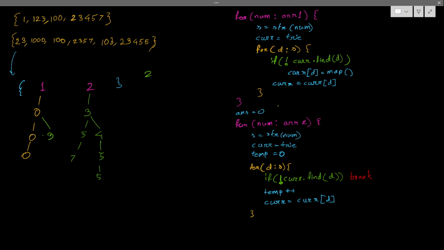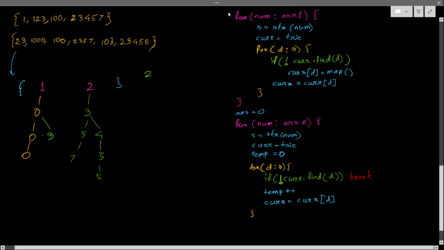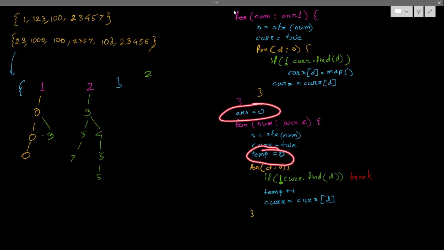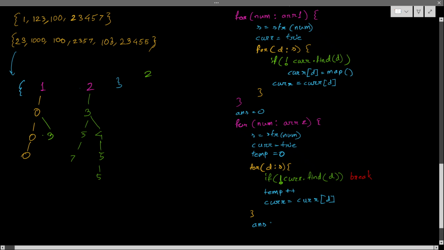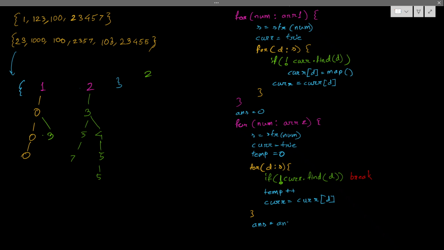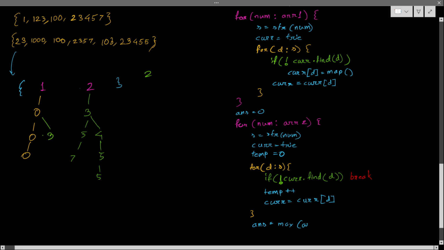After the loop ends, I have to update the maximum, right? It could be possible that temp is greater than my current answer, correct? So let's take the maximum assignment. Answer will be the maximum of answer and temp.